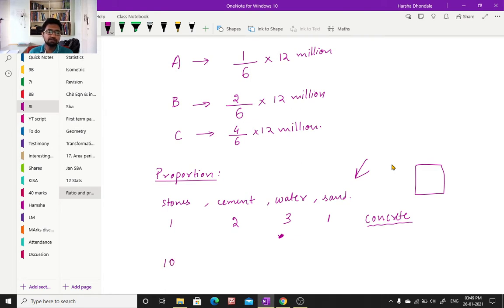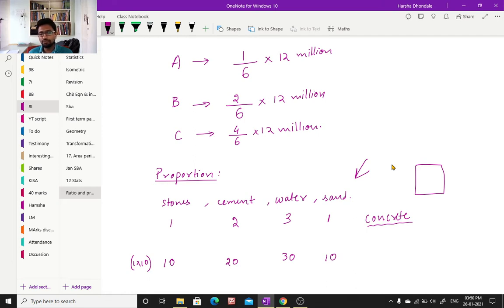Now I have increased by what? Into 10, 1 into 10. I have increased the quantity of stones by 10 times. I have to increase the quantity of cement also by 10 times. So instead of 2 containers of cement, I have to take 20 containers of cement. And then instead of 3 containers of water, I have to take 30 containers of water. And instead of 1 container of sand, 10 containers of sand.